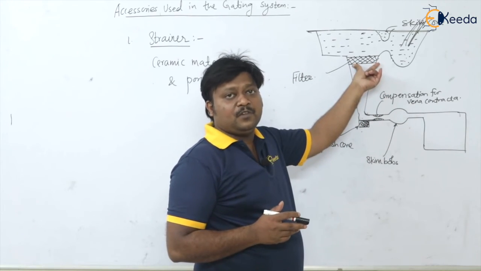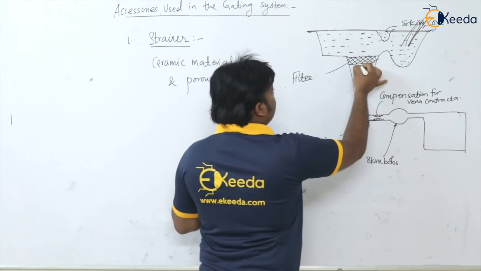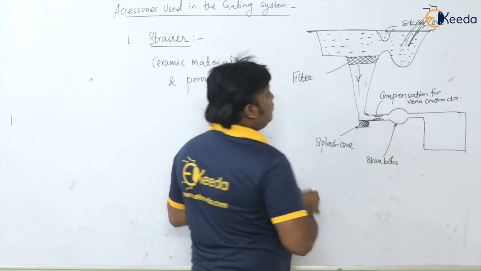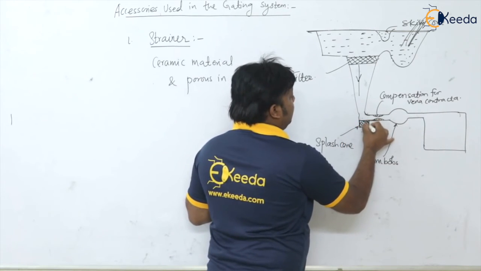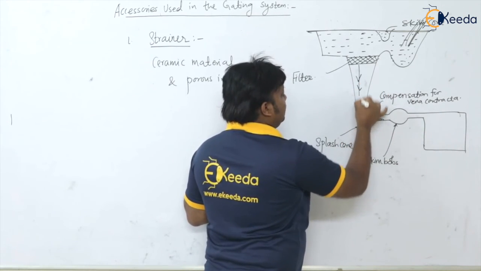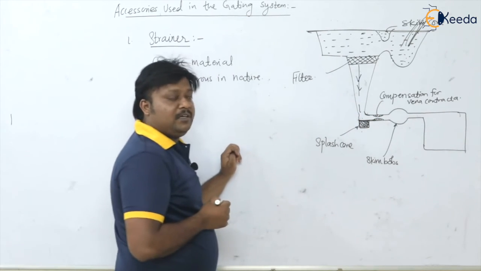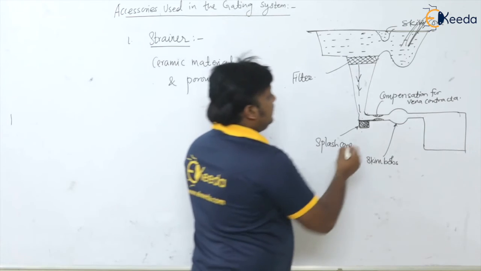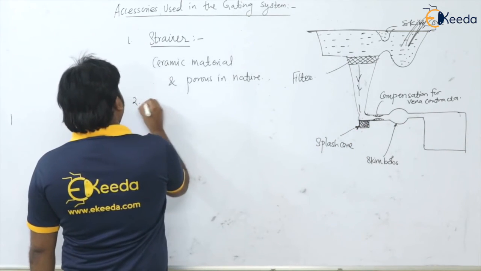So this is the first accessory that we are using, the filter or strainer at the base of the basin. Okay, now when the molten metal again passes through this sprue, it will definitely come down and have the impact of this molten metal onto this runner part, isn't it? So at the entrance of the runner, we have placed the splash core.